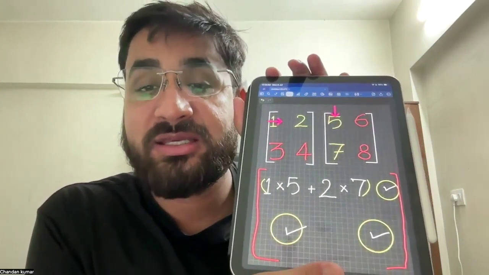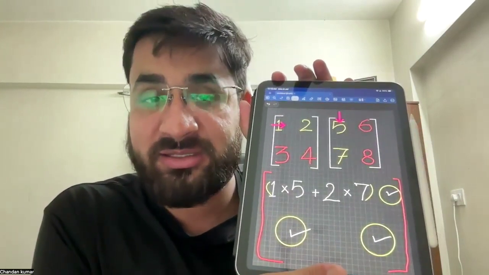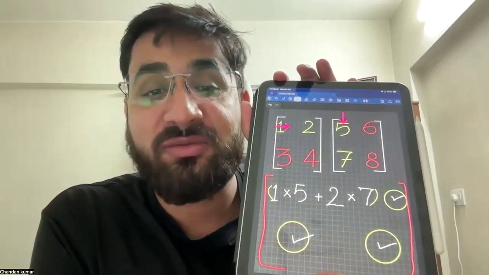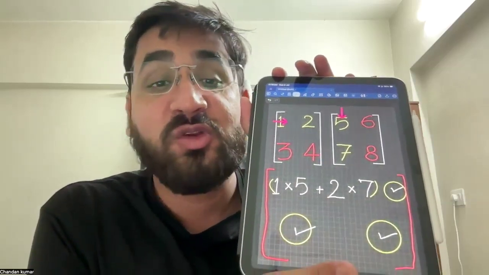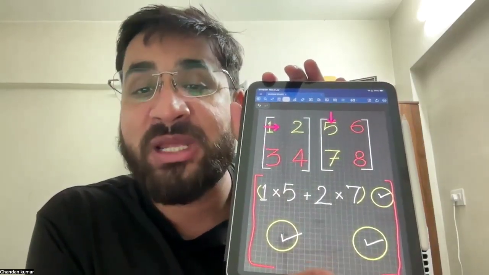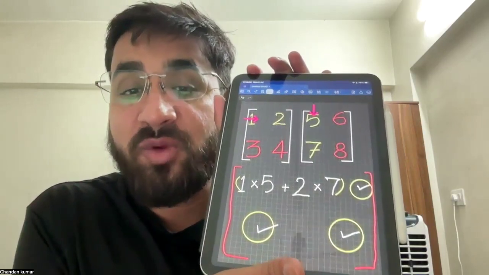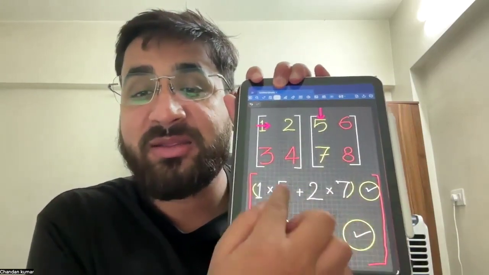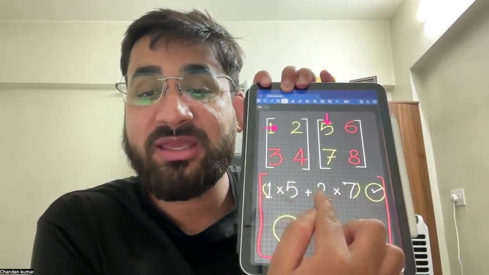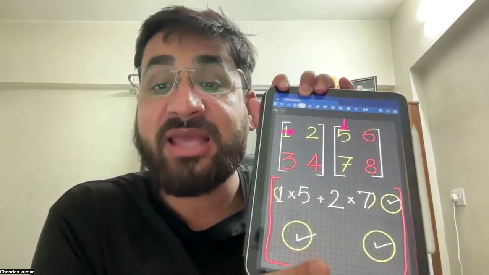So each element of the row will get multiplied by each element of the column. You can see 1 is being multiplied by 5, 2 is being multiplied by 7, and similarly for all those elements. This is what matrix multiplication is.